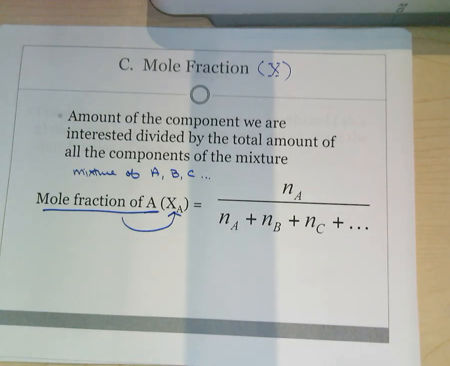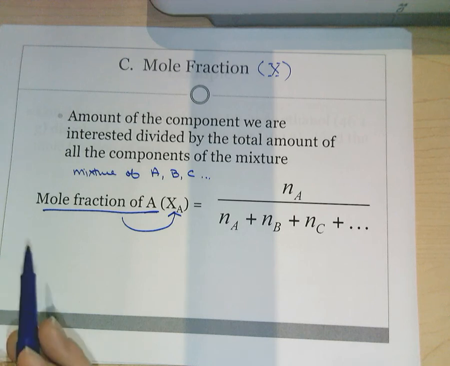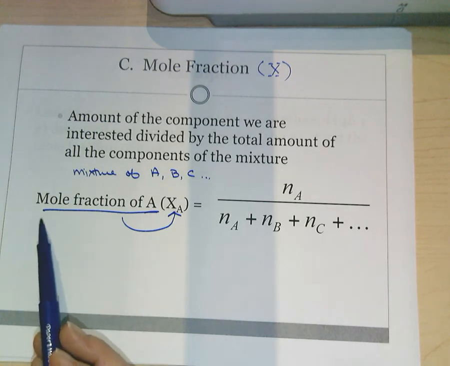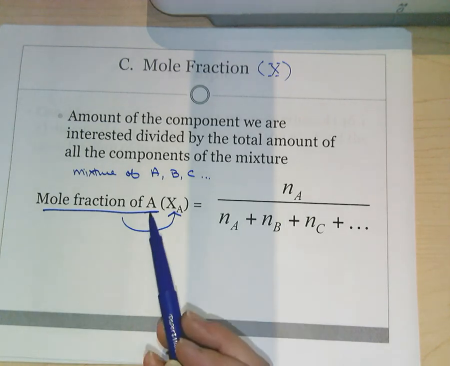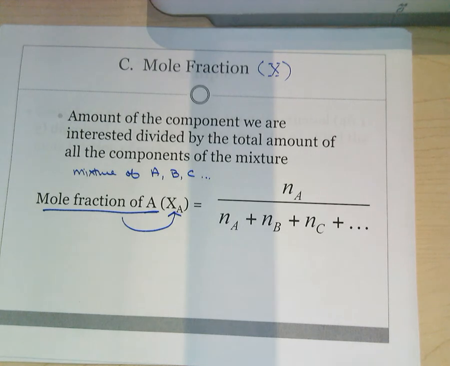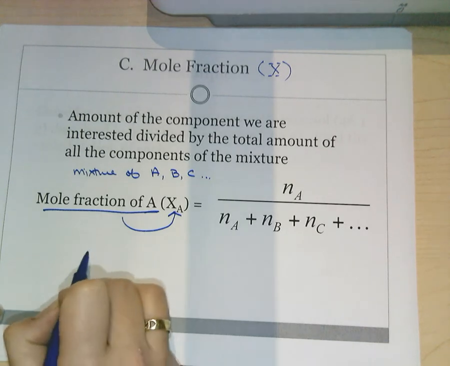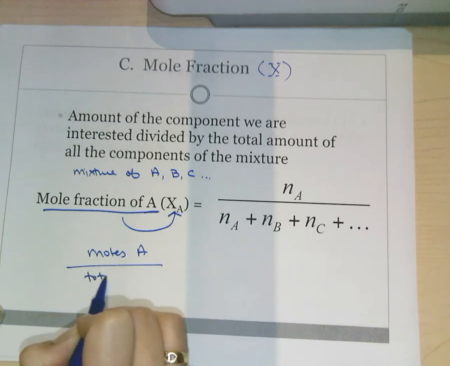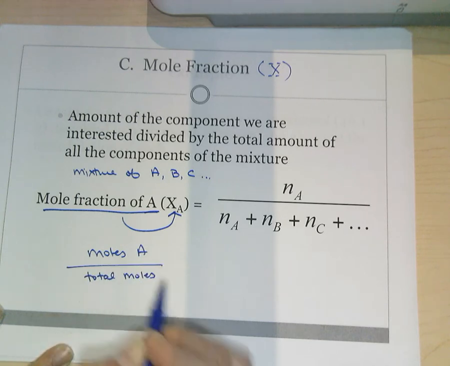I would find out how many people are in here, count up how many people are wearing a coat. Coat divided by total is the people fraction of coat wearers. So the same thing for mole fraction. It's going to be the moles of, in this case, A, divided by all the moles. Right, so using it as English rather than mathese.